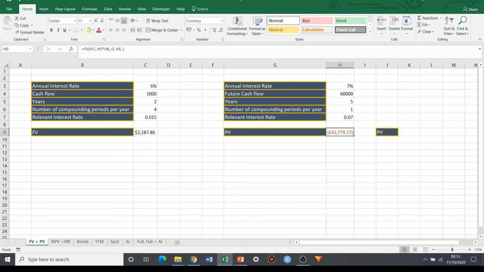And the reason for that is, once again, you have to think about the direction of the cash flow. If you think about it, you're depositing money into a bank account. And so the direction of the cash flow is going from you to the bank. If you think of it like that, you're almost losing money.